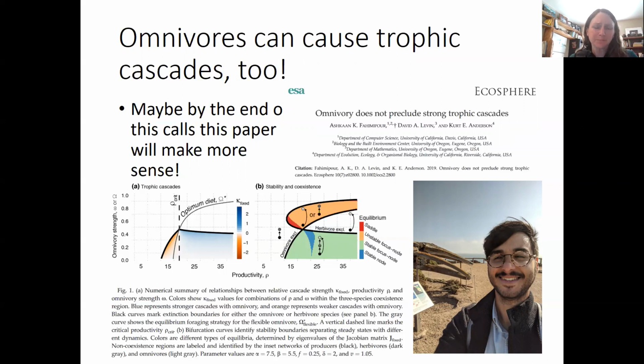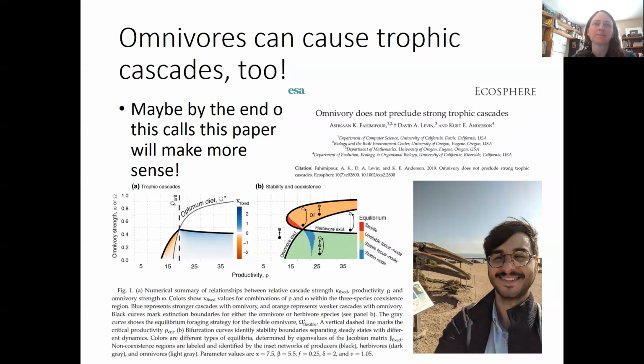This paper is really mathematically complicated. If you want to take a look at it, it has lots of really cool modeling. Maybe by the end of this quarter, this paper will make more sense. I think that's what my little note there was supposed to say. I must have cut something off, so I apologize, but feel free to find this paper and dig in a little bit deeper.